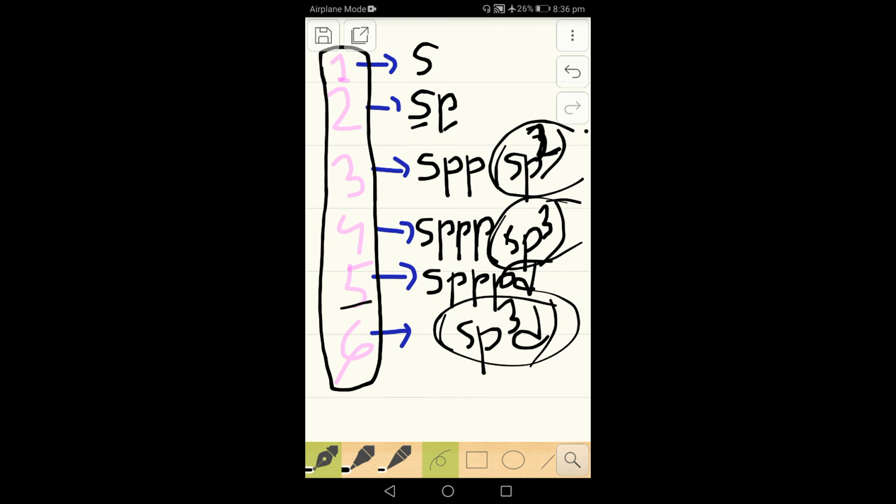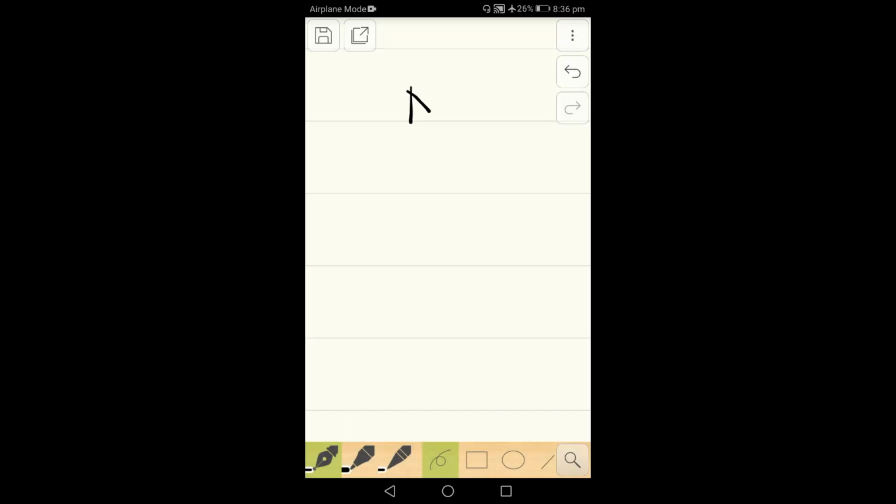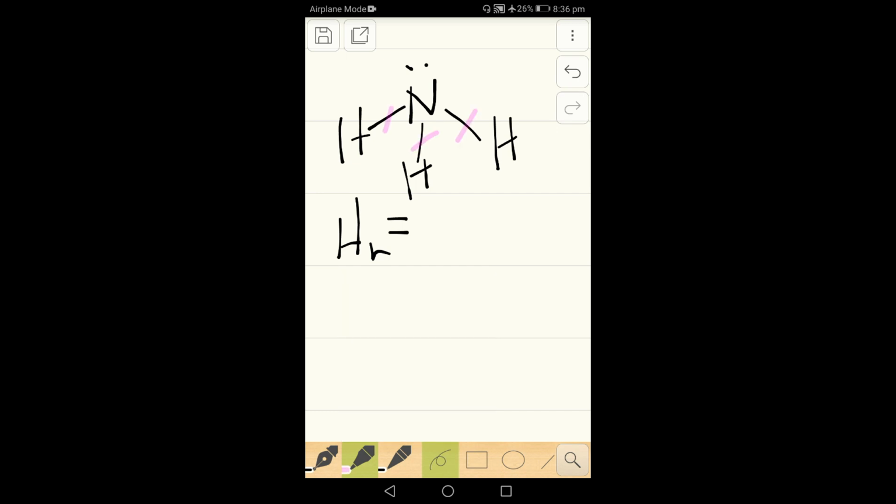Let's look at some examples. Let's start with ammonia. First find the hybridization number. We have 3 sigma bonds and 1 lone pair. So 3 sigma bonds plus 1 lone pair gives us 4.